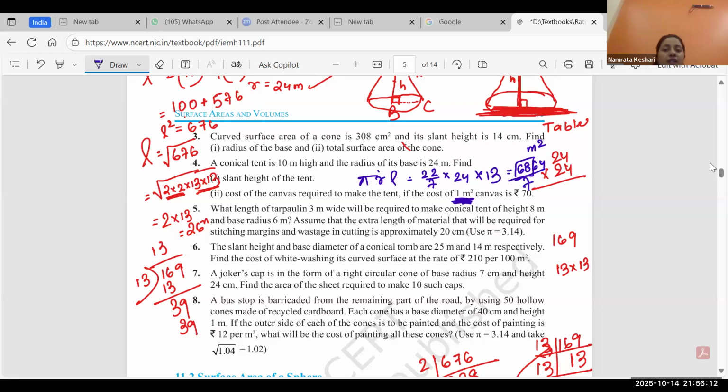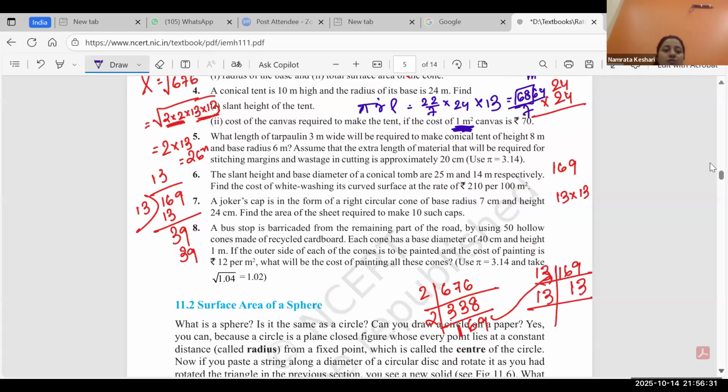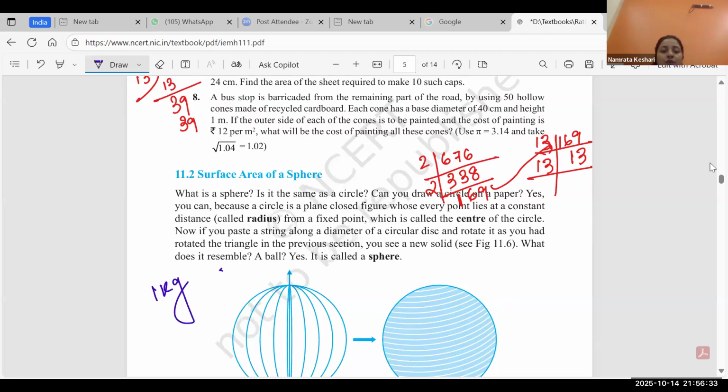Now if 1 meter square cost is 70 rupees, then for this much meter square it will be this much into 70, right? If 1 kg sugar costs 70 rupees, and I ask you to find the price for 5 kg sugar, you will say 5 into 70.